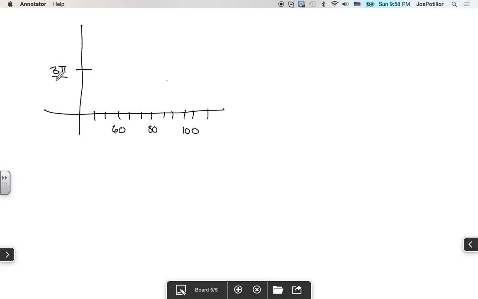This is omega, 3 pi divided by 280, and this is your time. You want the units there, and the time here is in seconds.